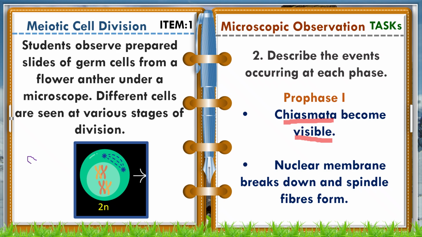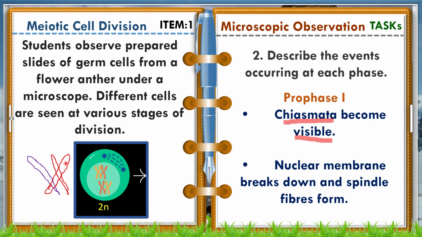Let's take this one to be a sister chromatid. If that is a sister chromatid, and it is crossing over with another non-sister chromatid. These are two. There is this one. Those are called the red ones.